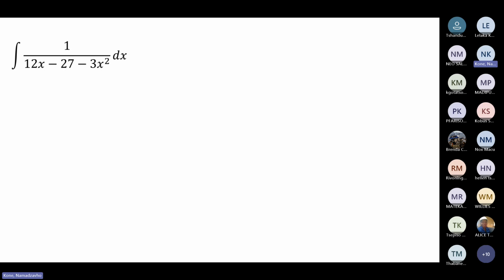Anyone who managed to manipulate the denominator into the sum or difference between two squares? In other words, somebody that managed to do completing the square of the denominator. No one. So let's do it together then.